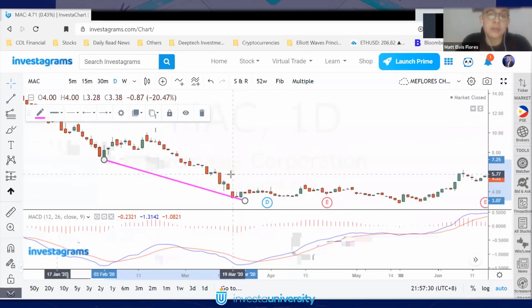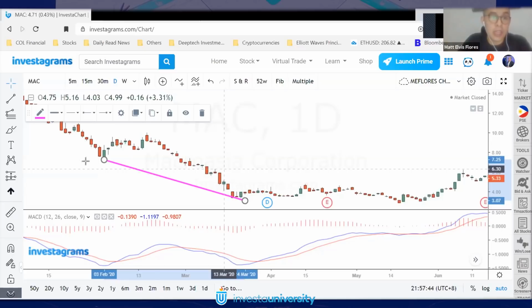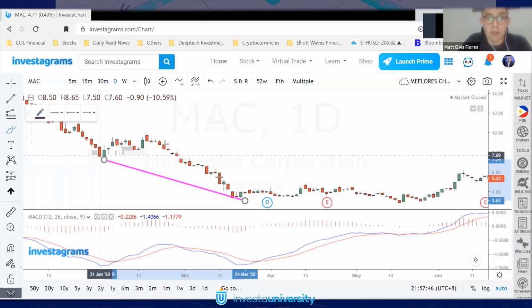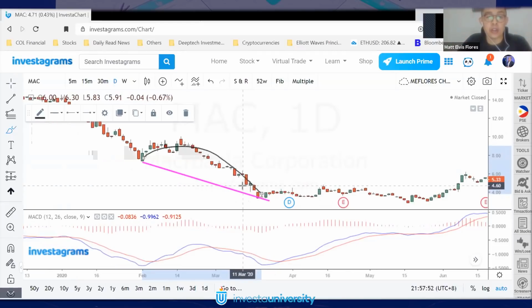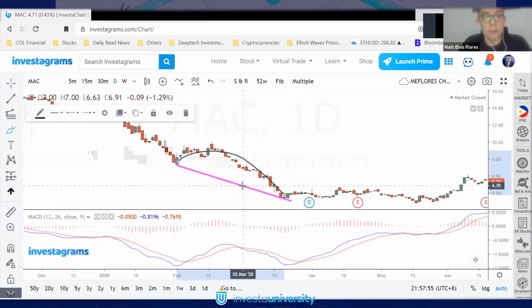So, later din, mas i-detail ko yung bullish and bearish divergences using relative strength index or RSI. But for the purpose of using MACD as your indicator, the price movement will continue to go down, diba? Meaning pababa siya. However, your MACD line or your MACD indicator is starting to move up.